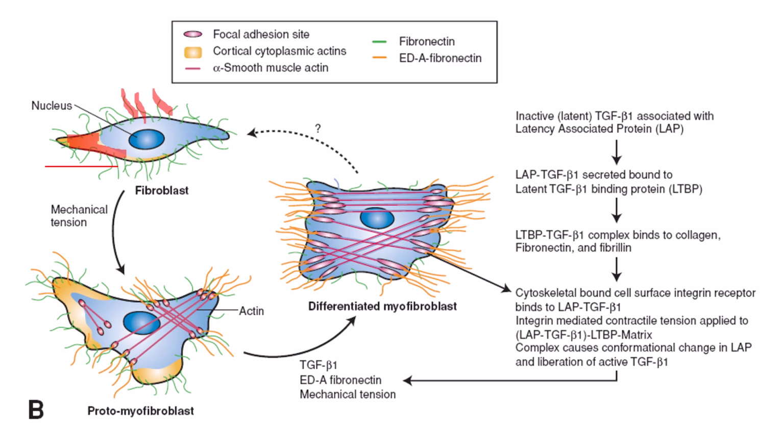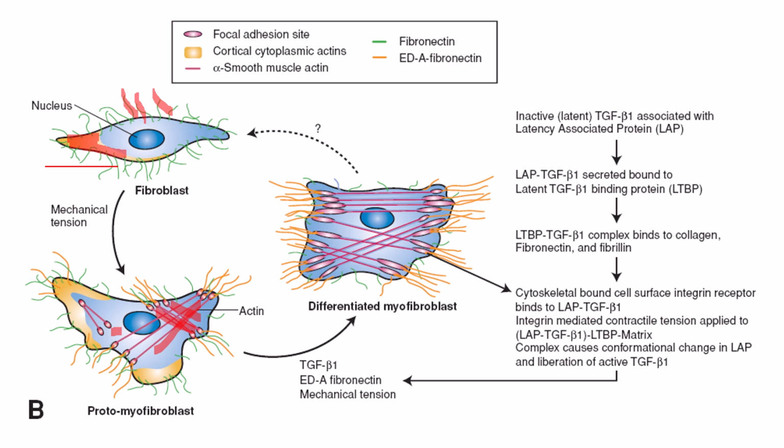Then, under the influence of mechanical tension, proto-myofibroblasts are formed, that is an intermediate stage between fibroblast and myofibroblast. So the mechanical tension and transforming growth factor beta 1 signaling stimulate the development of alpha smooth muscle actin containing stress fibers that are these pink lines.